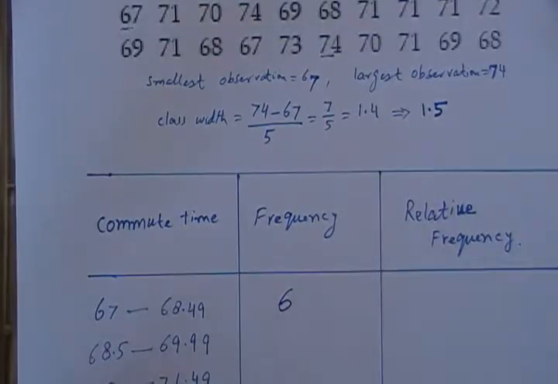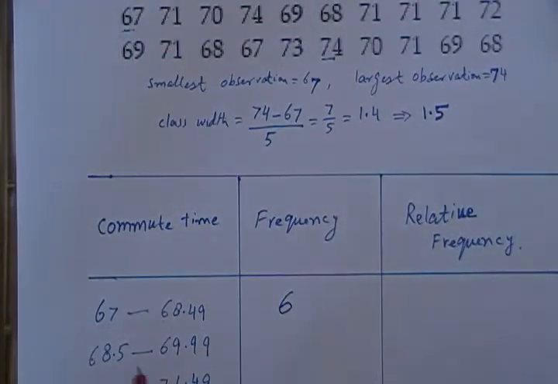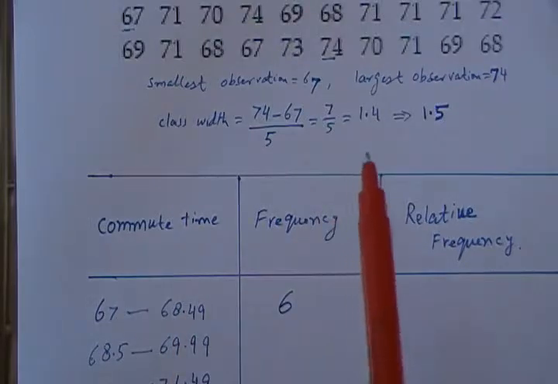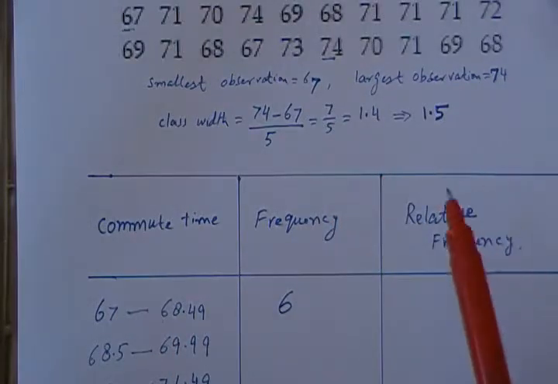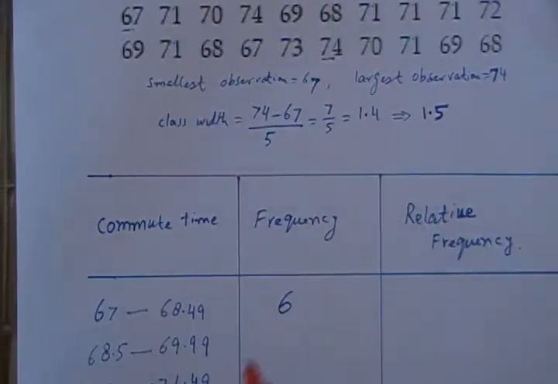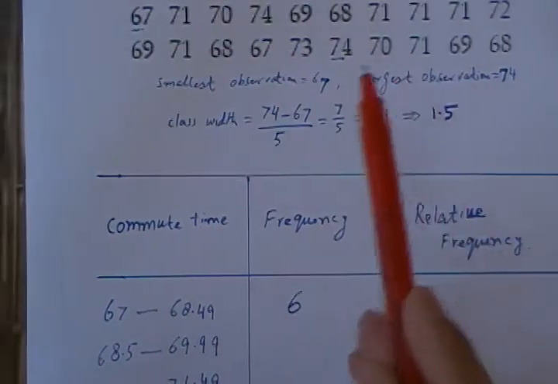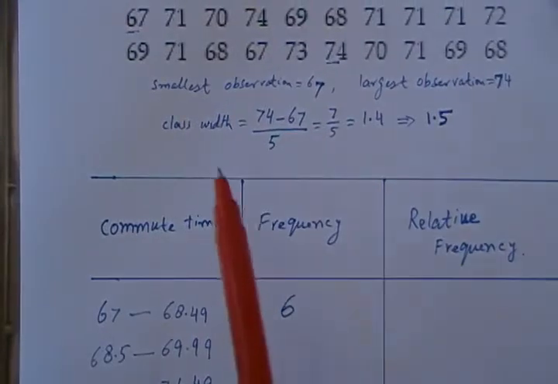So we write it here as the frequency for this class. For the next class, all the observations which are 68.5 or more until 69.99. Because there are no decimals, the only thing you can see is 69. So how many 69s appear in this data?